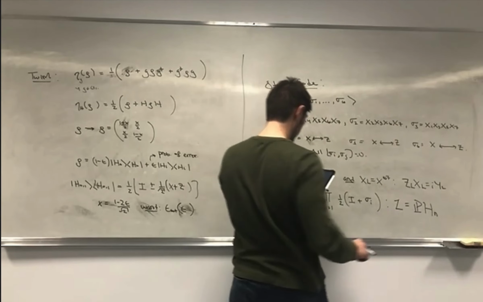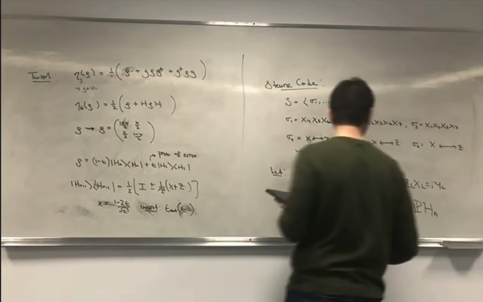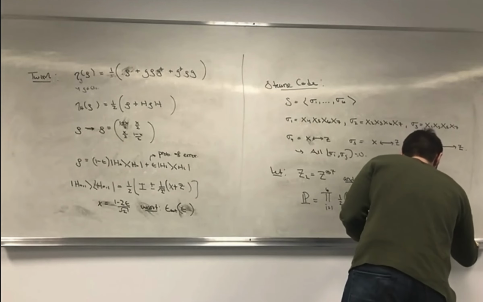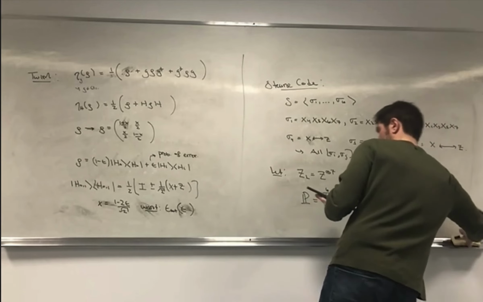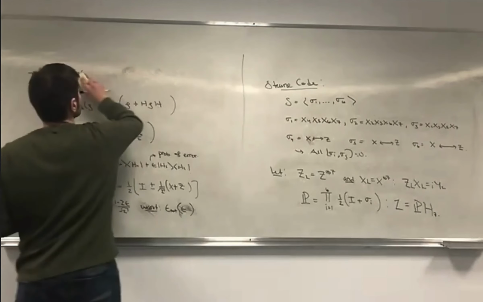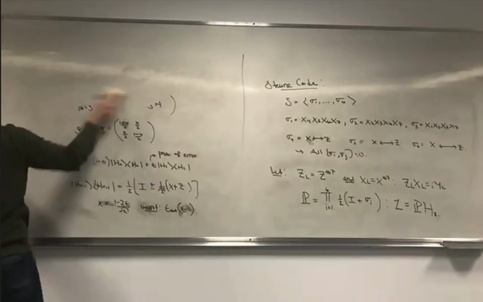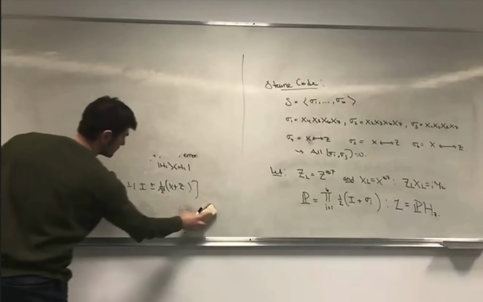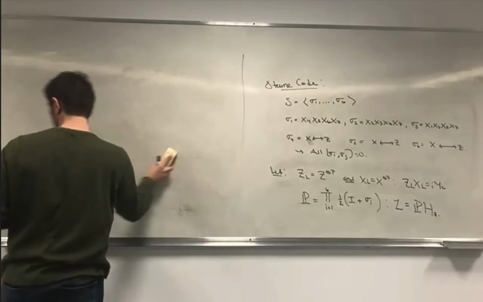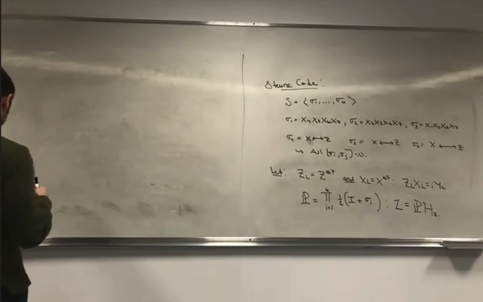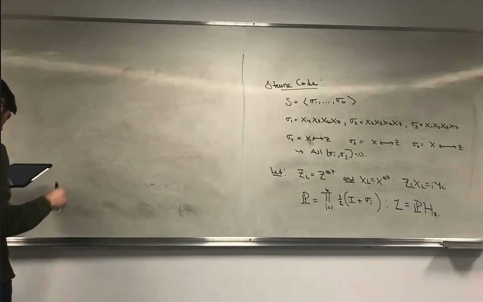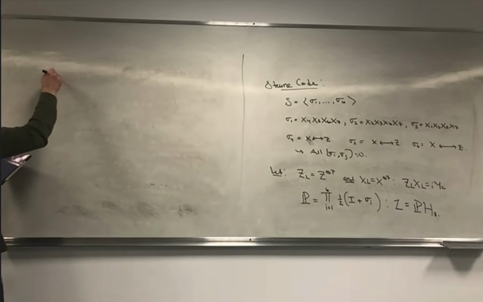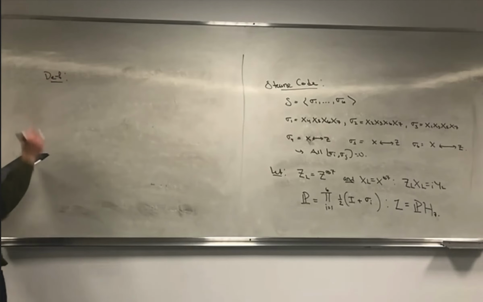So what do we want from here? Yeah, and n is 7. So maybe I will just call that 7. So we also want to define a basis on this logical subspace.